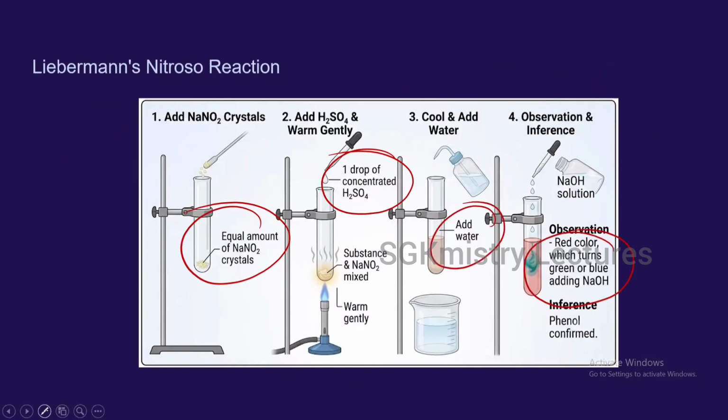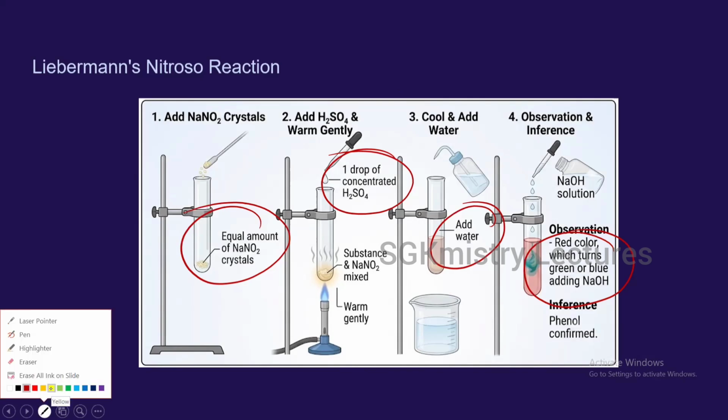When you add water, it is red. Now, when you add NaOH solution, the red color changes into blue or green, like we observed for resorcinol. As you remember, in resorcinol the indophenol dye was formed, and here also the indophenol dye is formed. Let us look into the reaction.